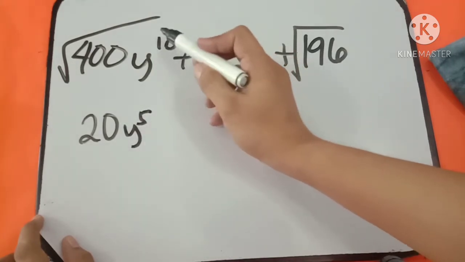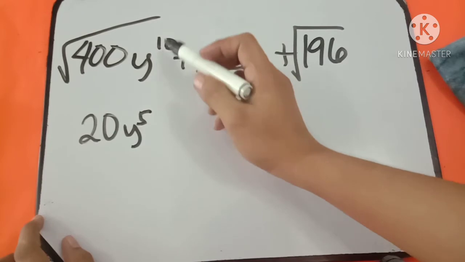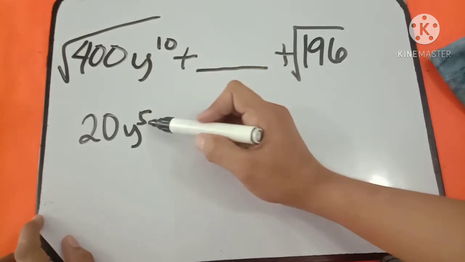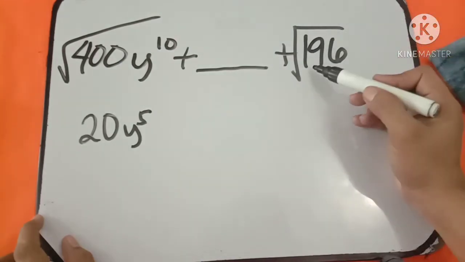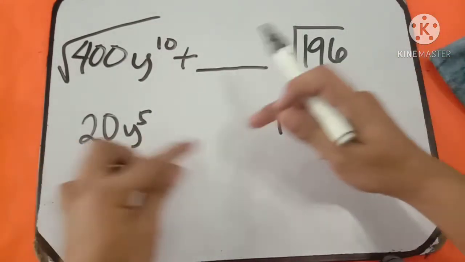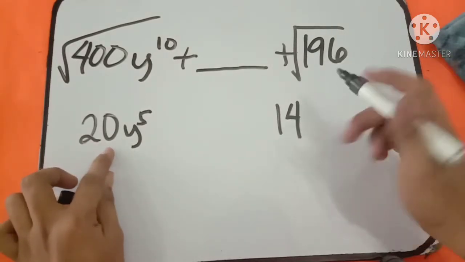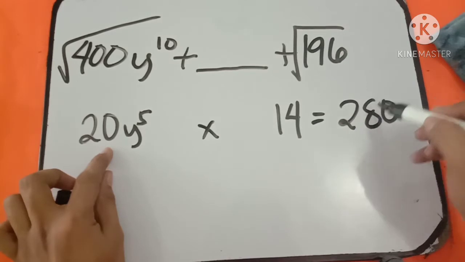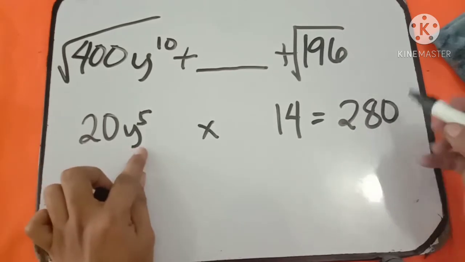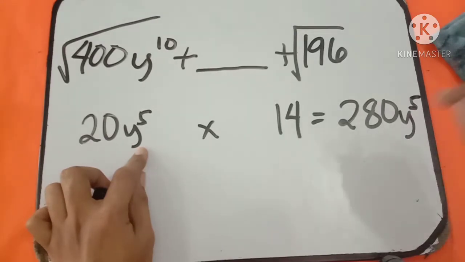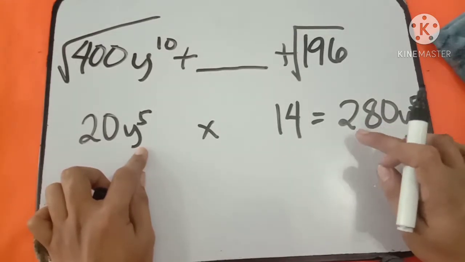Again, you divide 10 by 2, that is why you have 5. Then the square root of 196 is 14. Then multiply. 20 times 14 is 280. Then copy the variable y raised to 5. Then again, you have to double this 280.